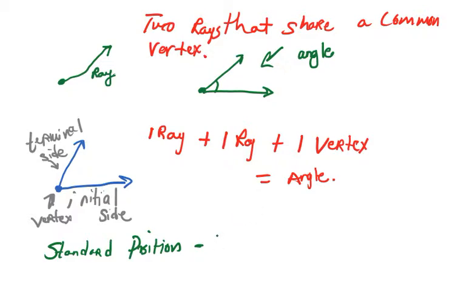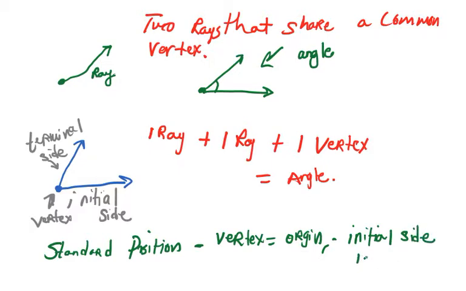The vertex is at the origin. That's one thing. And also, the initial side usually lays on the positive x-axis.